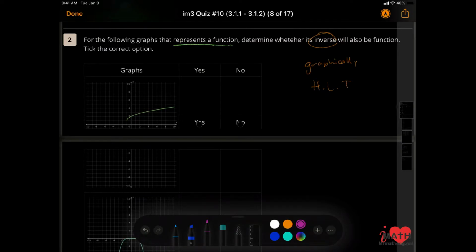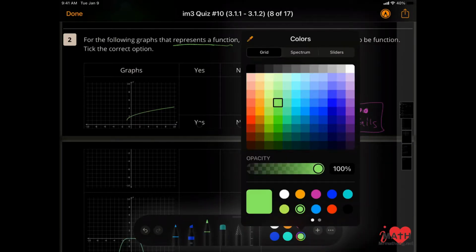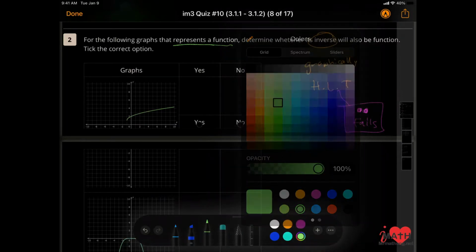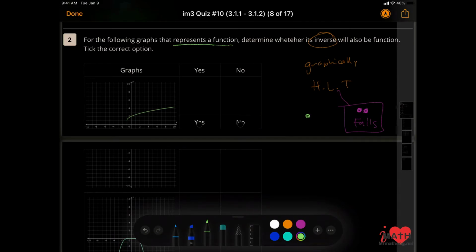It's pretty much the same thing. If you have more than one dot, then it fails. And if you have just one dot, then it passes, and then you can take the inverse.